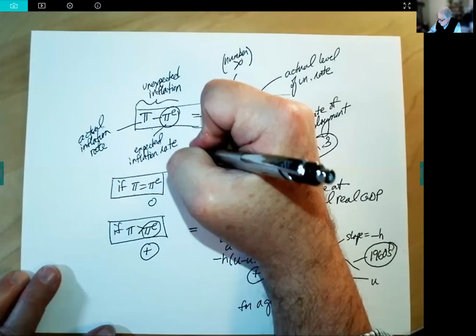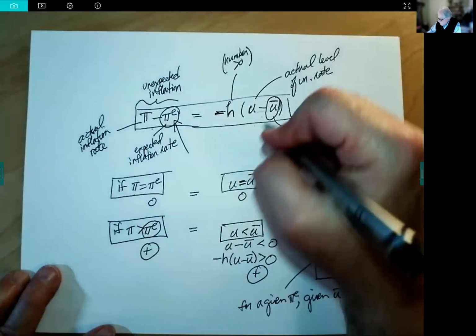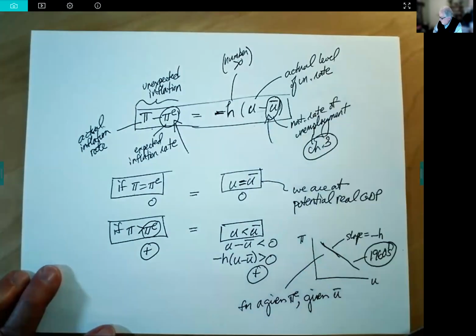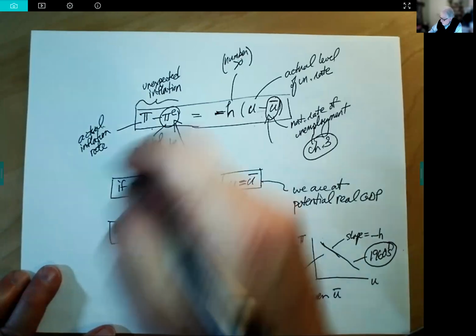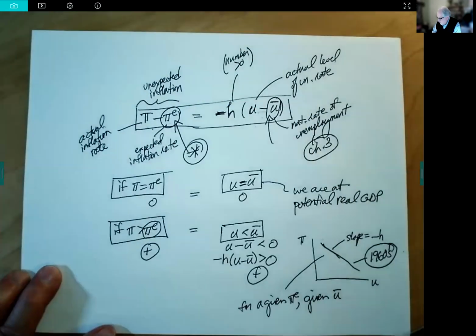It might have been a change in inflationary expectations, and maybe a change in the natural rate of unemployment as well, but in particular inflationary expectations. So in another video, we'll take a look at what happens to that Phillips curve when expected inflation changes.